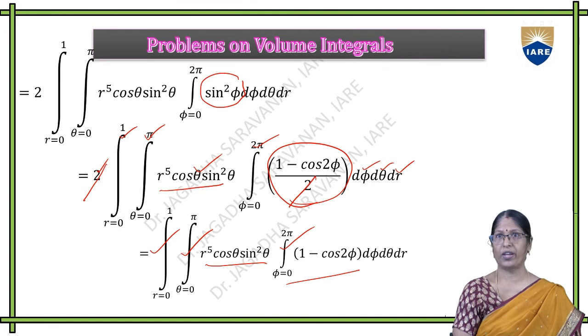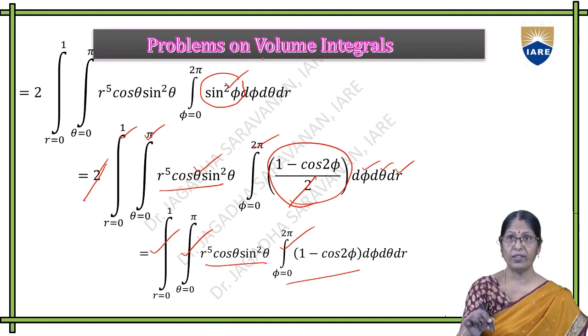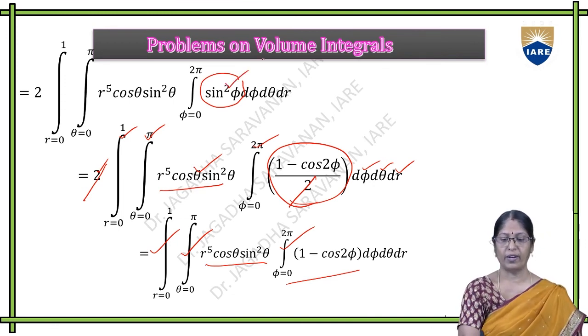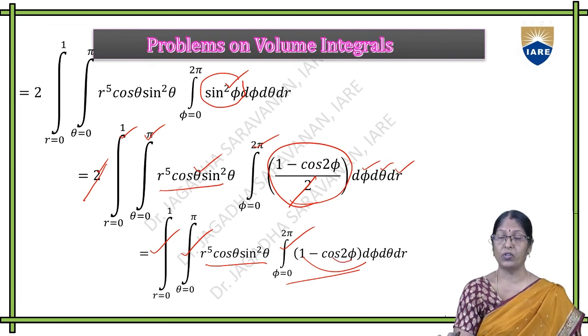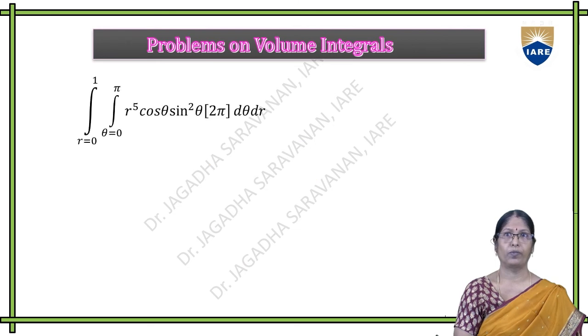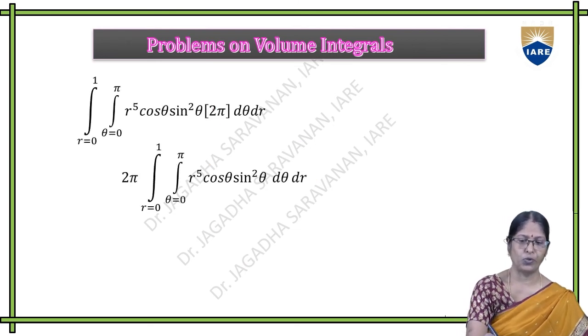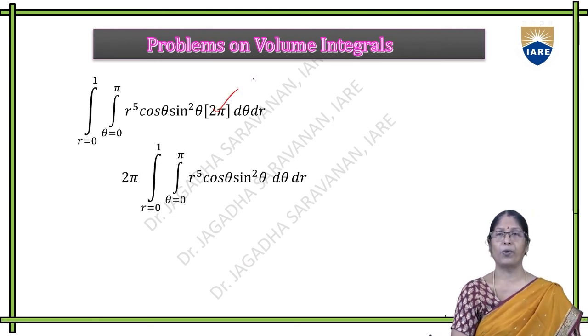We didn't do the integration; we just replaced sin square phi with the relevant trigonometric formula. Here 1 into d phi, the integration is phi, and the integration of cos 2 phi is sin 2 phi by 2. So we substituted the limits and obtained 2 pi.